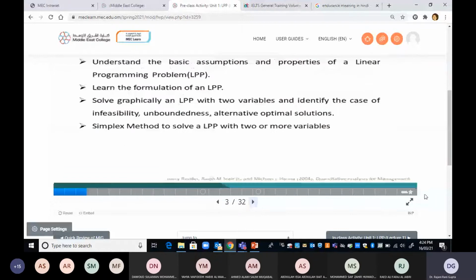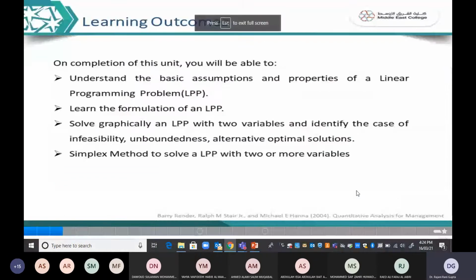So these are the learning outcomes of this unit, and as you have told very correctly, what you have learned from the pre-class activity material is about the modeling, that is also known as the formulation of a linear programming problem. So we can say either a linear programming problem or a linear programming model.